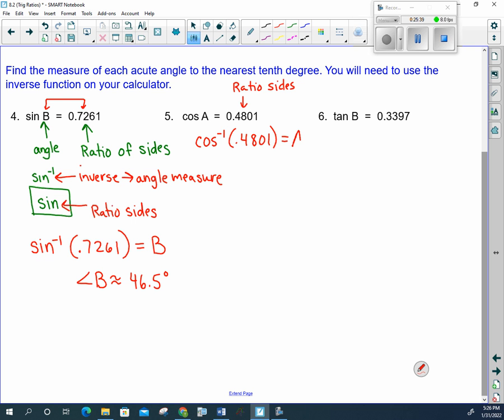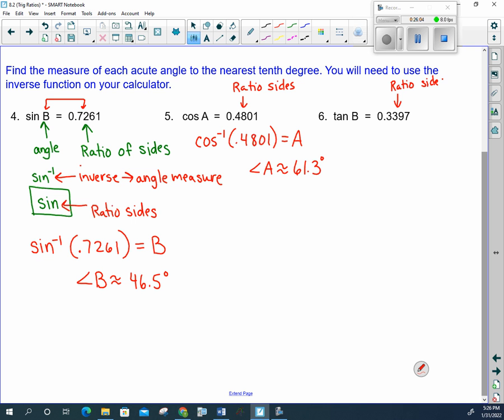And that's going to tell me what angle A is. So angle A is about, so inverse cosine, 0.4801, 61.3 degrees.